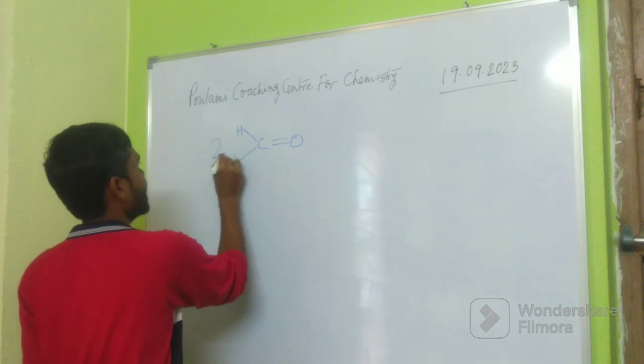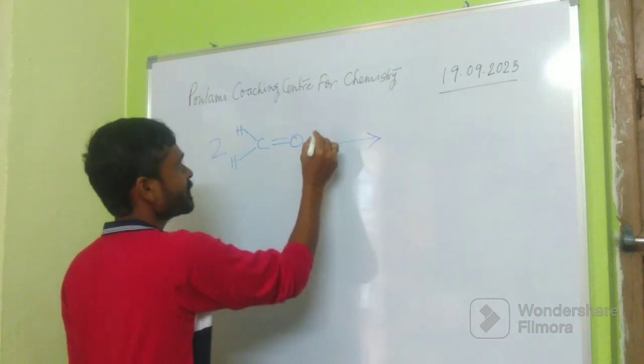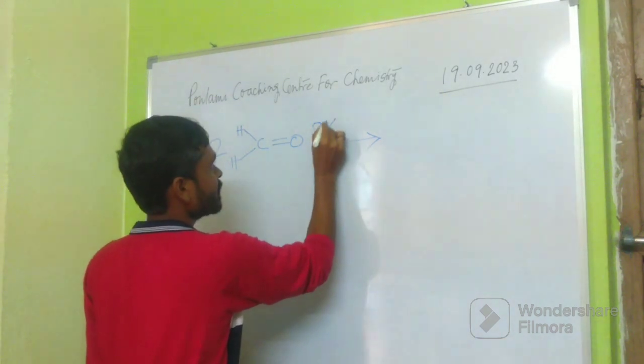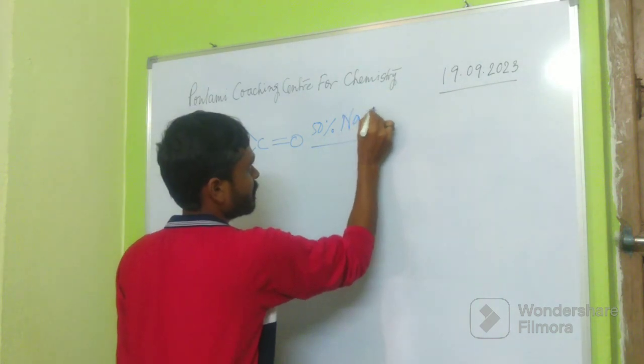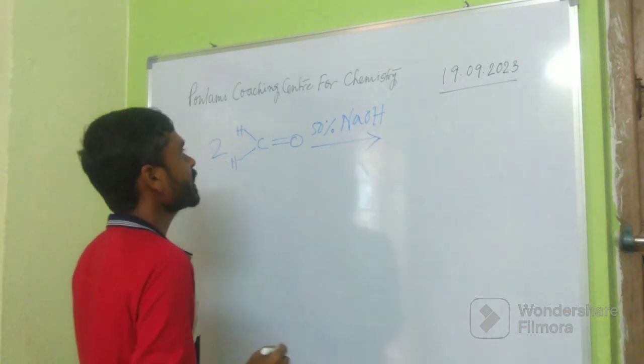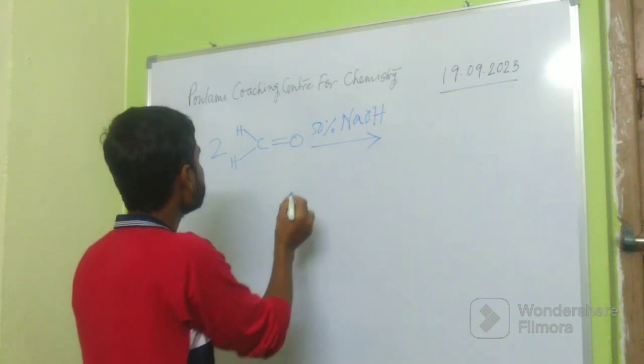Two moles of formaldehyde. The reagent used is 50% NaOH, that is a strong alkaline solution. Then it undergoes the disproportionation reaction.